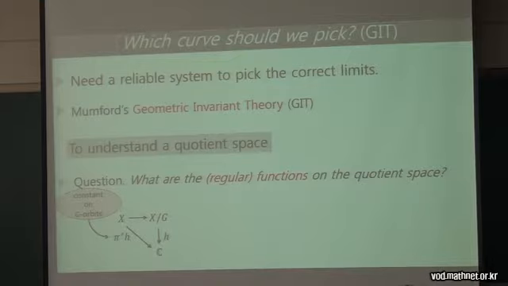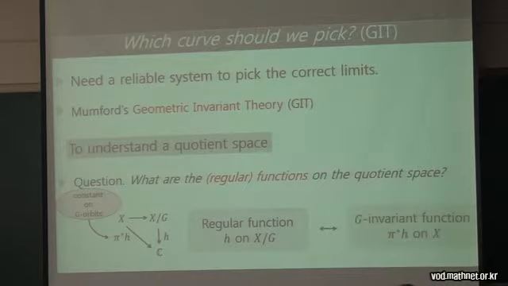Because any points on the same orbit are going to get identified in the quotient space. So the function is constant on the orbits. What you realize is that regular functions on the quotient space are G-invariant functions on the space that you started with.